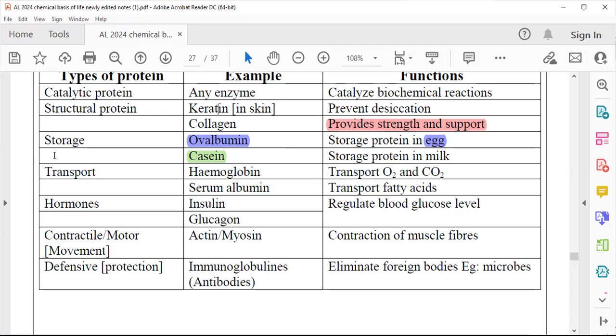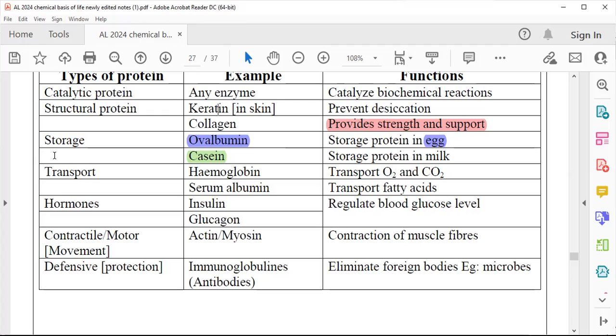Then, protection proteins: immunoglobulins, also called antibodies.